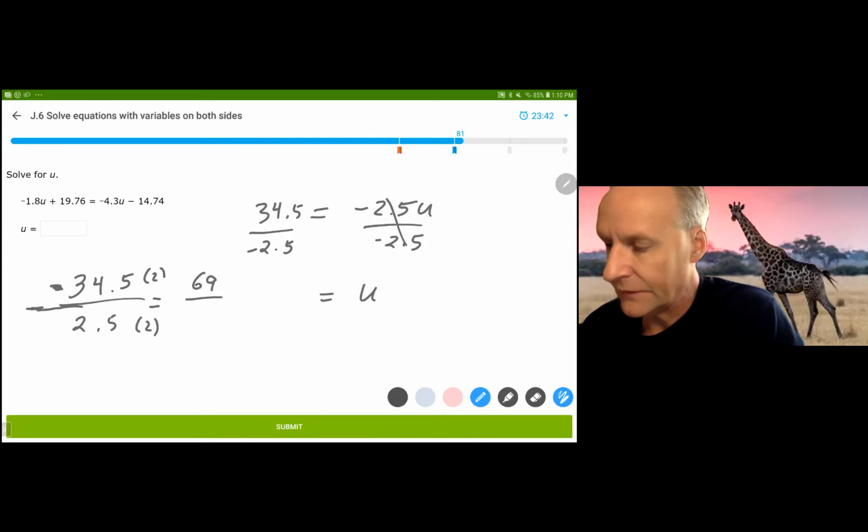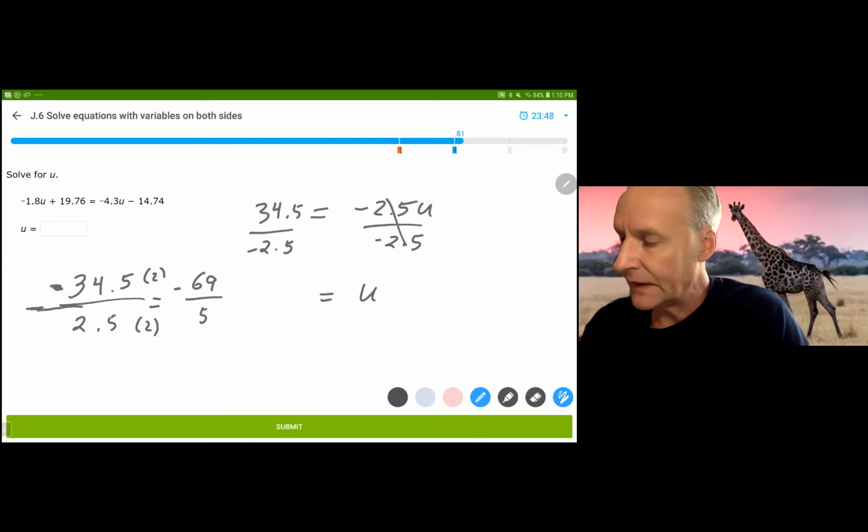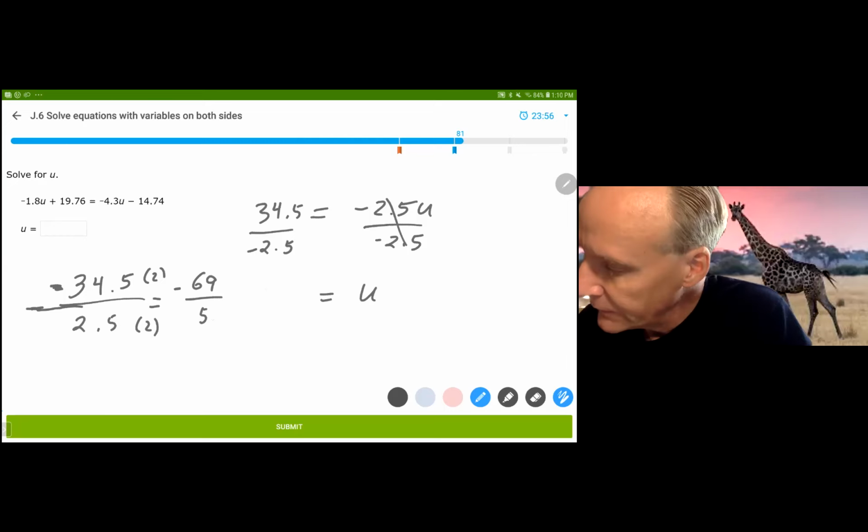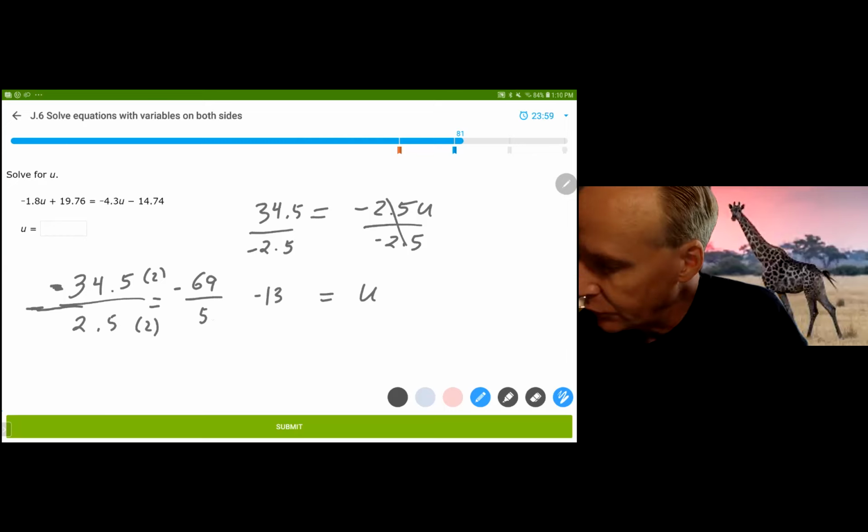And 2.5 times 2 is 5. And that is a negative. And I can divide 5 into 69, and I'm going to get 13.8. So this is negative 13.8.